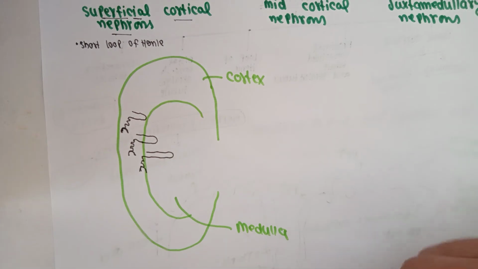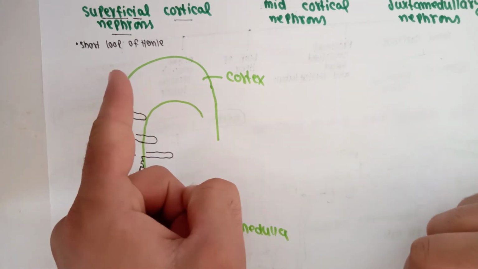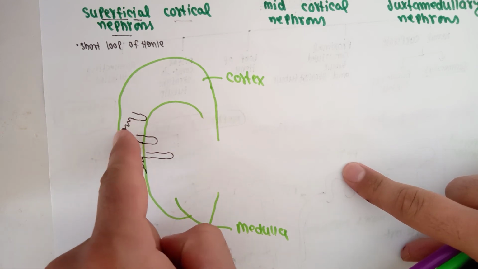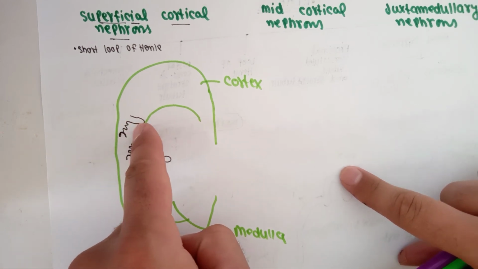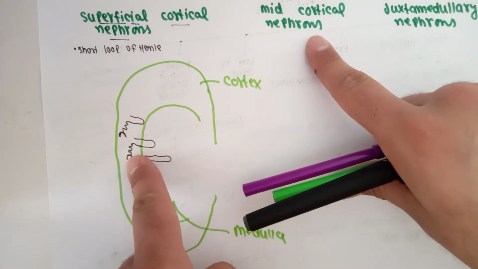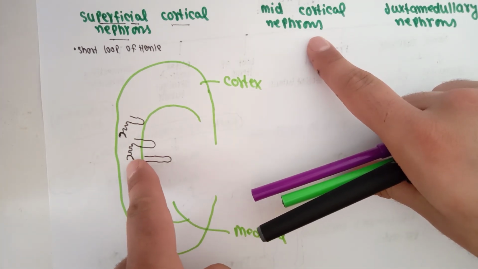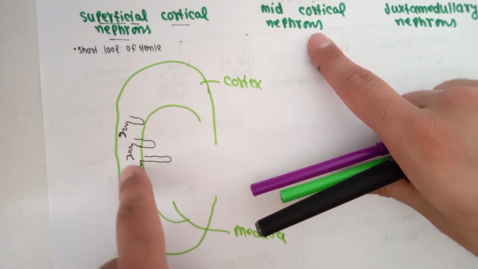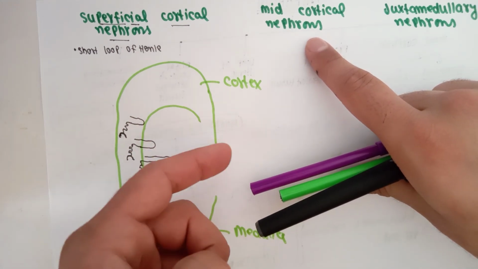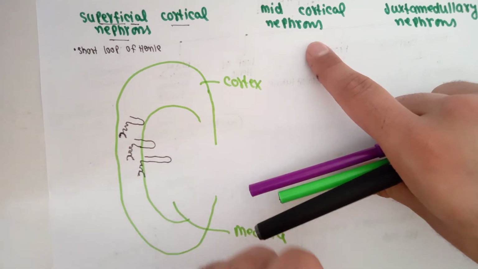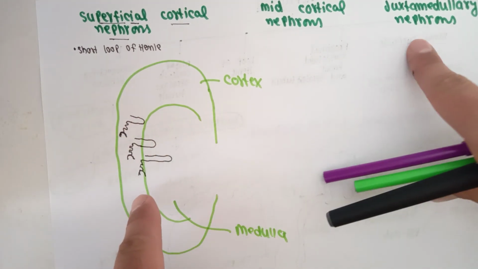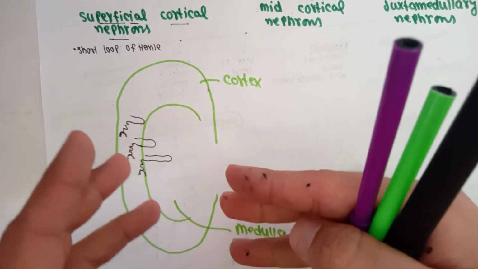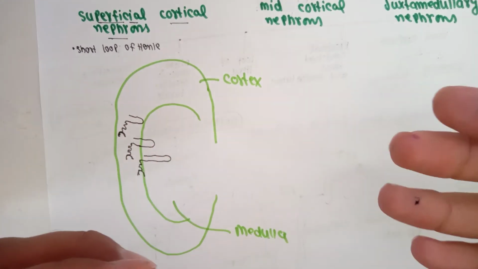So there are three types of nephron: the superficial cortical nephron, which has its renal corpuscle in the outer region of the cortex and the shortest loop of Henle. Another type is the mid-cortical nephron, which has its renal corpuscle in the mid region of the cortex, and this has a slightly longer loop of Henle as compared to the superficial cortical nephron. Another is the juxtamedullary nephron, which has its renal corpuscle at the junction between the cortex and the medulla, and this has the longest loop of Henle.